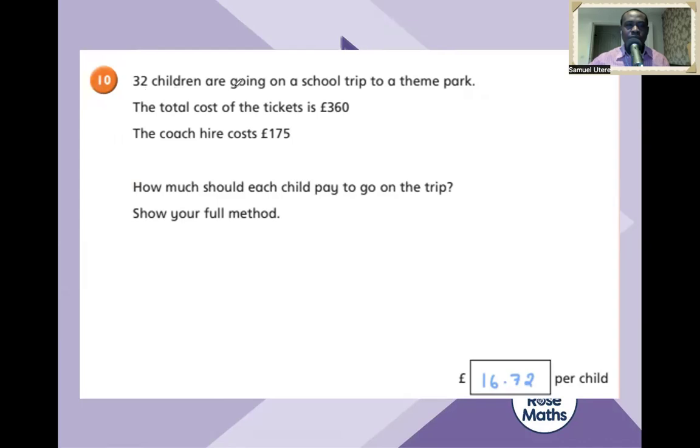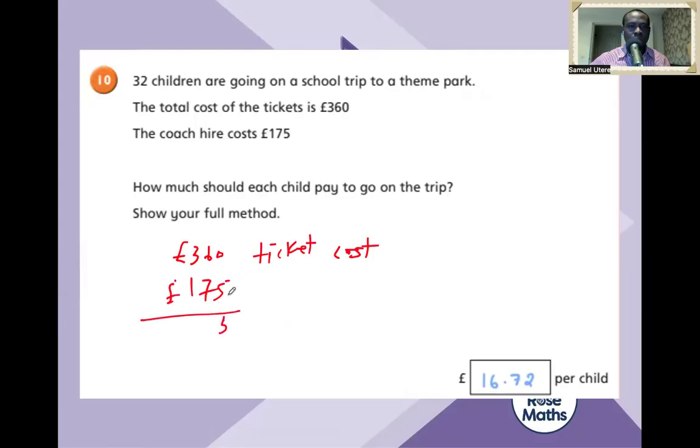So there are 32 children who are going on the school trip. The total cost of the tickets is £360. So ticket cost is £360. The coach hire costs £175. So we need to add that, so we get the total cost.